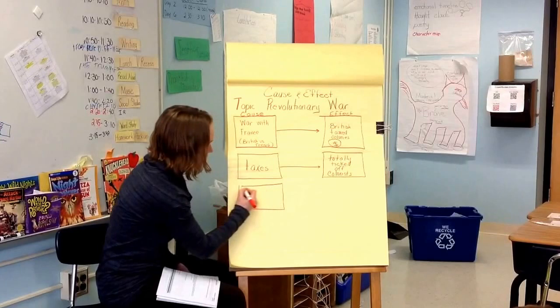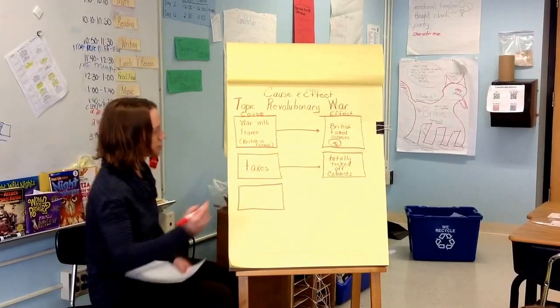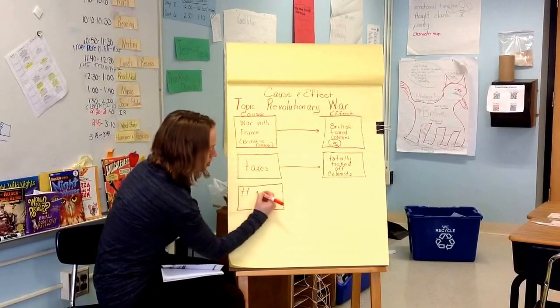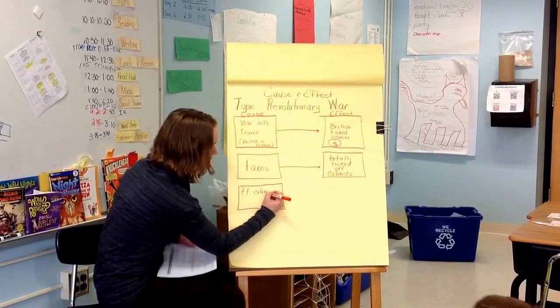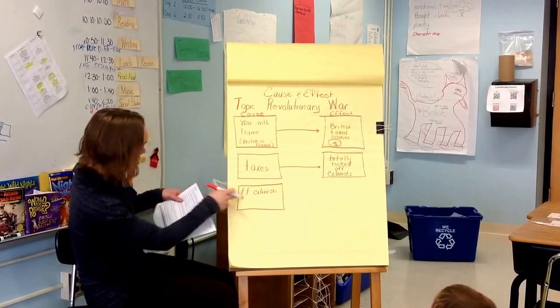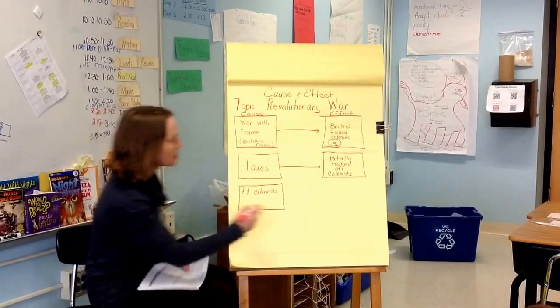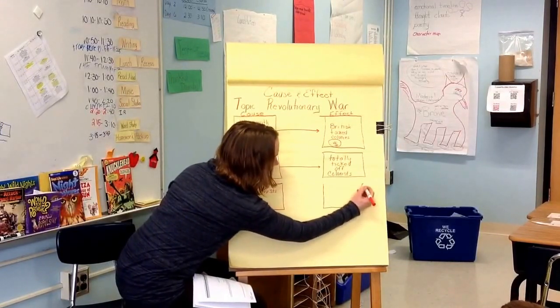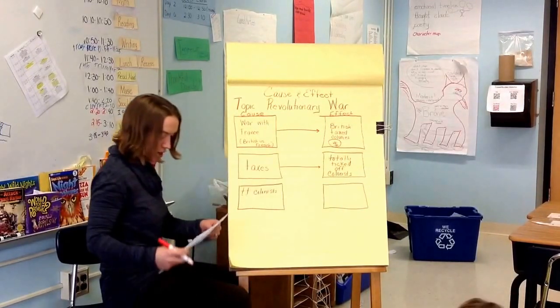All right, what happens next? Well, the cause is the totally ticked off colonists. We're going to do TT. What did they do? Oh, so this is the cause. Totally ticked off colonists. And what's the effect of these totally ticked off colonists? Well, yes, it is war. Absolutely.